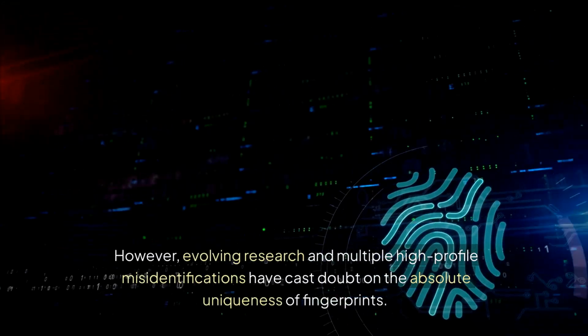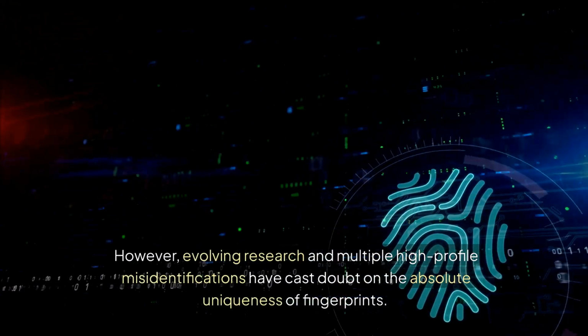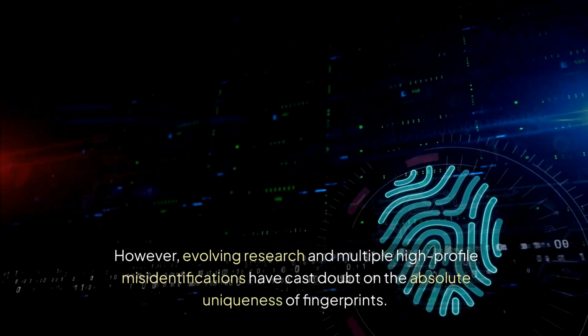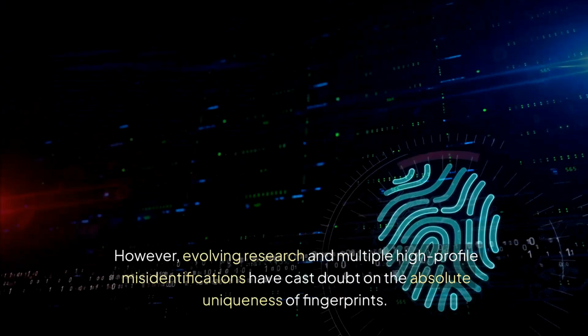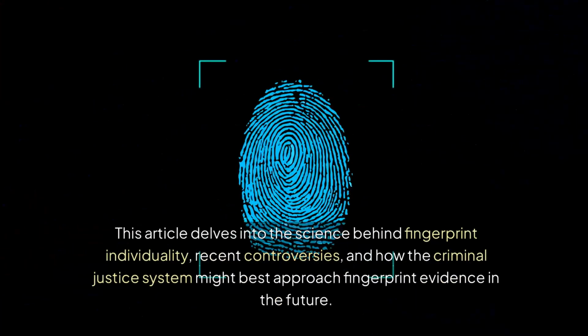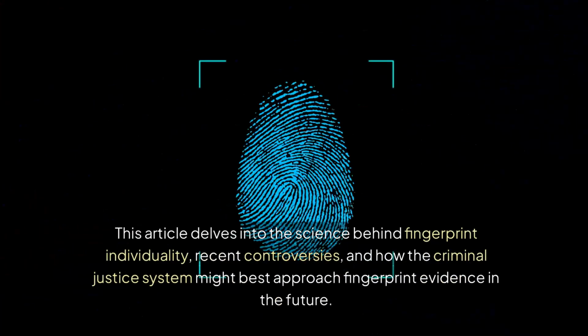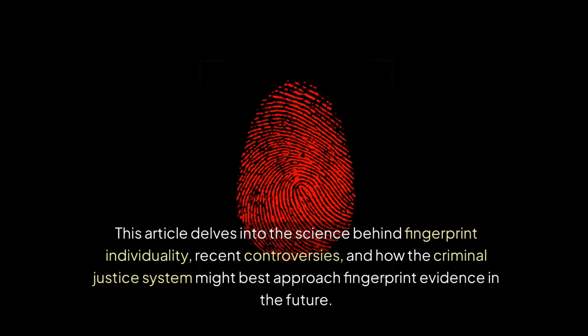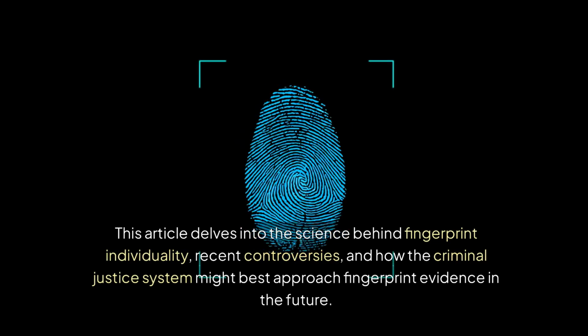However, evolving research and multiple high-profile misidentifications have cast doubt on the absolute uniqueness of fingerprints. This article delves into the science behind fingerprint individuality, recent controversies, and how the criminal justice system might best approach fingerprint evidence in the future.